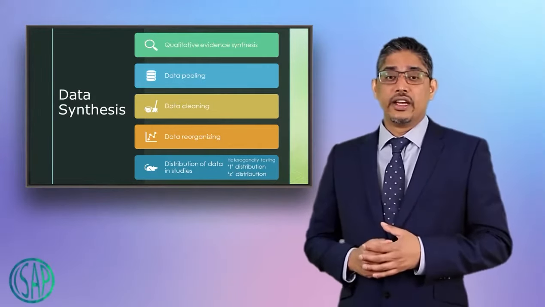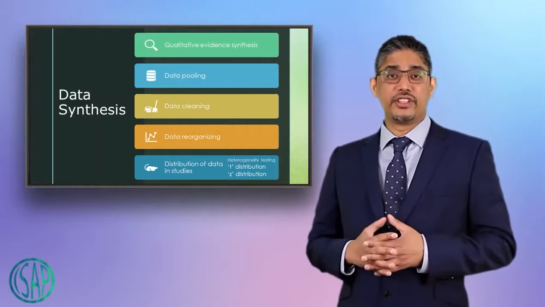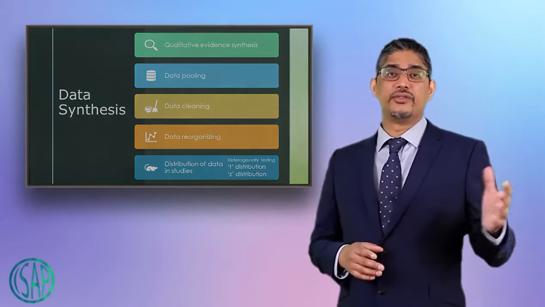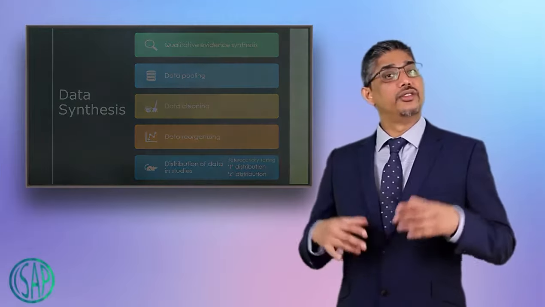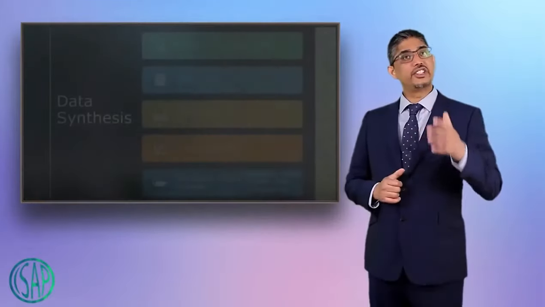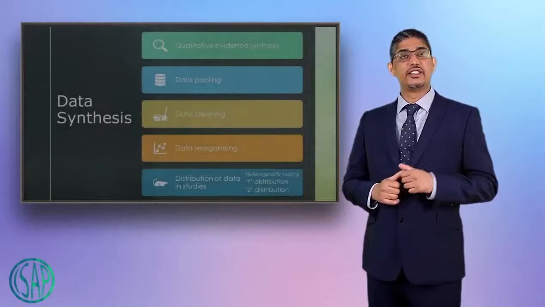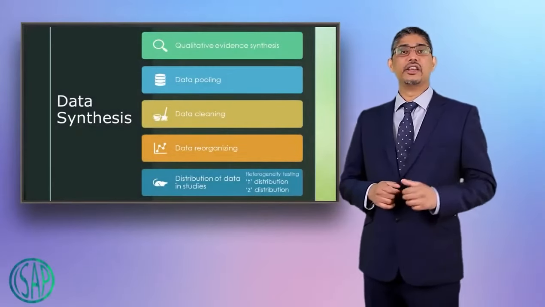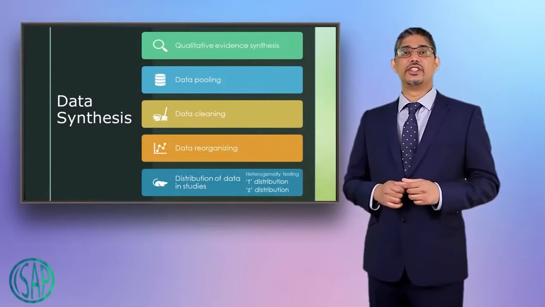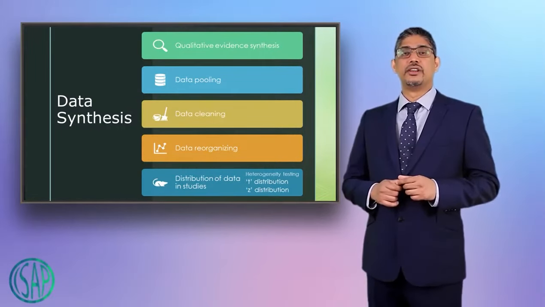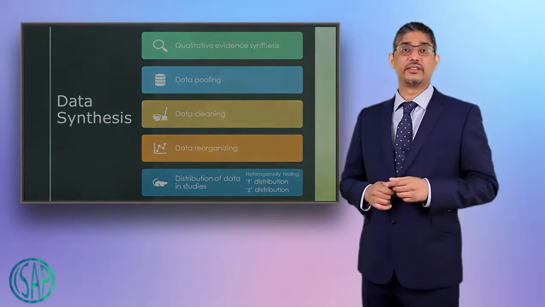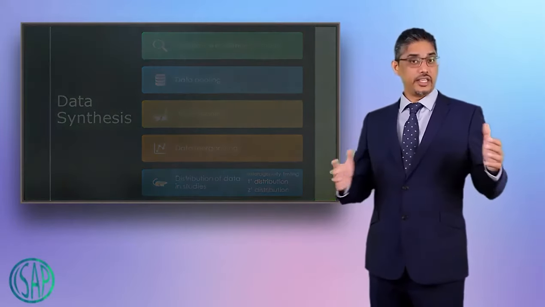And finally, identify the distribution of the data before you run any tests. And once you identify the distribution of the data, then you do a heterogeneity test. So the key steps of data synthesis are qualitative evidence synthesis, data pooling, data cleaning, data reorganization, and distribution of data to be identified prior to doing heterogeneity testing. So these are the key steps.